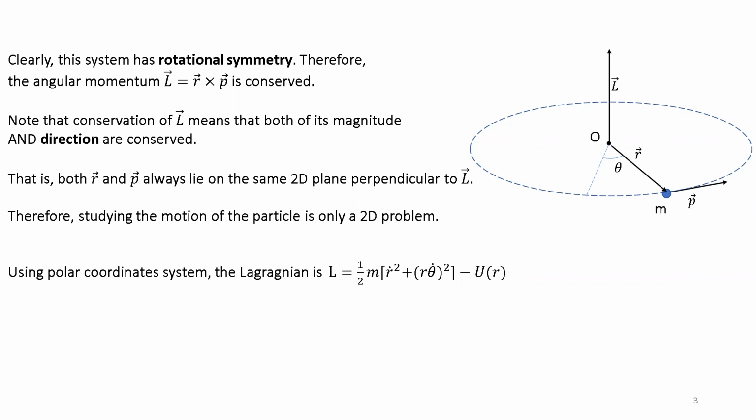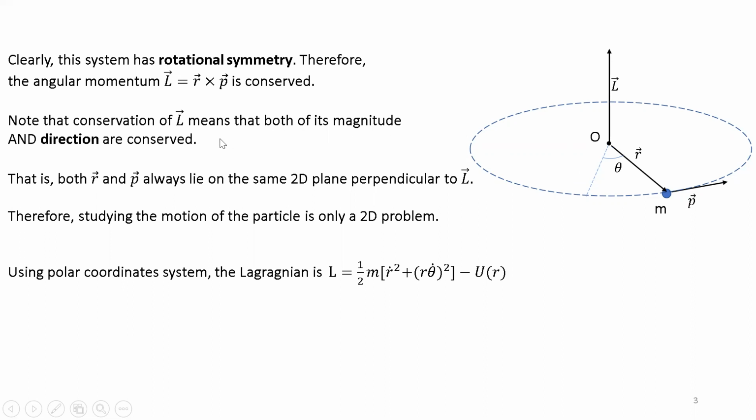First of all, when we talk about conservation of angular momentum, we mostly care about the magnitude of the angular momentum. However, there's another important property, which is the direction of the angular momentum, and that is also conserved. So when I say that angular momentum is conserved, I have to say that both the magnitude and the direction are constant as a function of time.